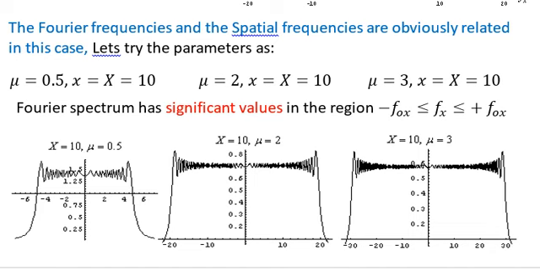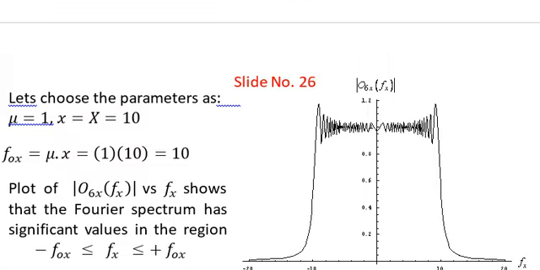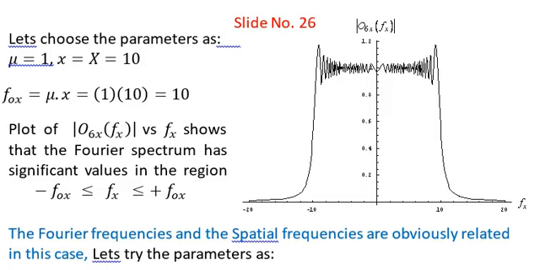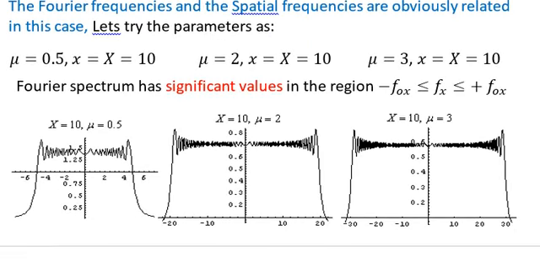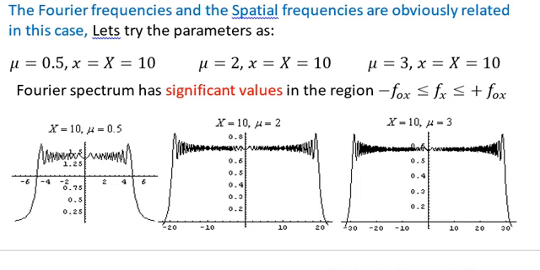Similarly, we can calculate the object spatial frequencies along the x direction as mentioned previously, and we can plot the absolute value of O6 along the horizontal frequency fx. We have plotted this in each of these cases, and the three plots corresponding to these three parameters are shown over here.